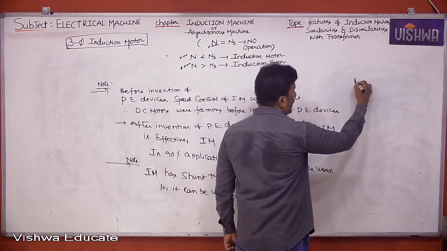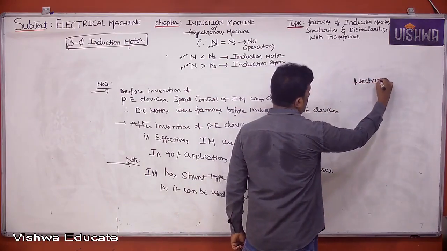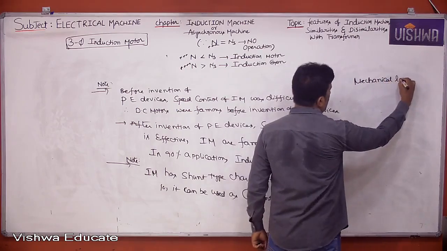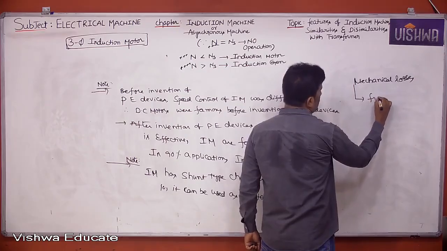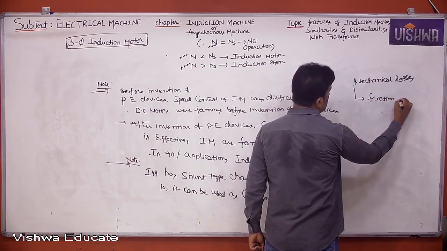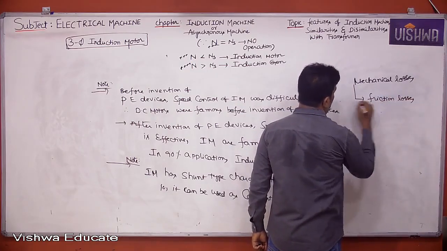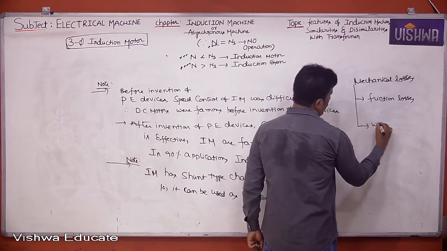And you have to understand a small thing here, because in the induction motor, mechanical loss will be there. I told you already, mechanical losses will be there in the induction motor. Mechanical loss is nothing but friction losses and windage losses.